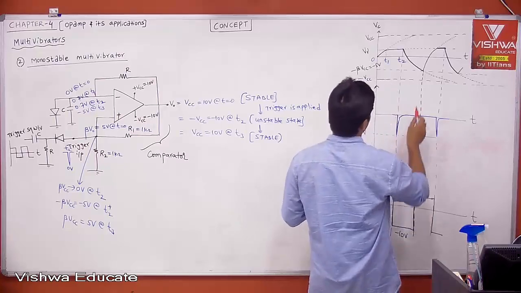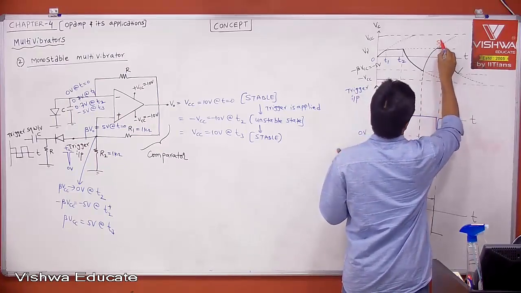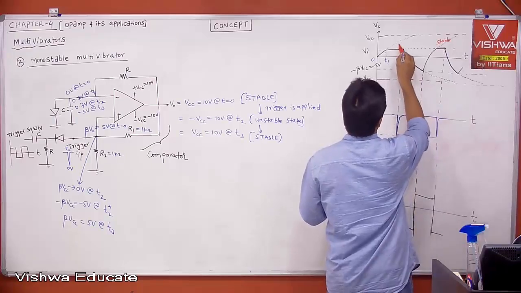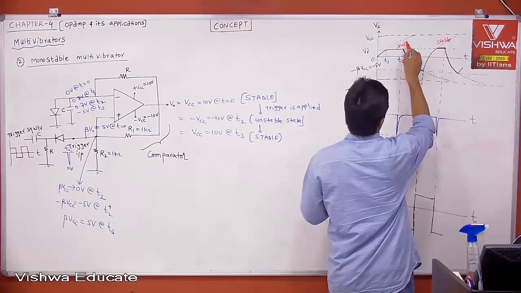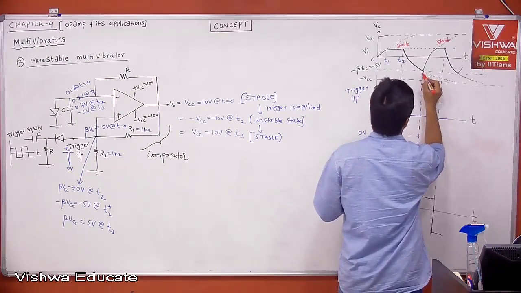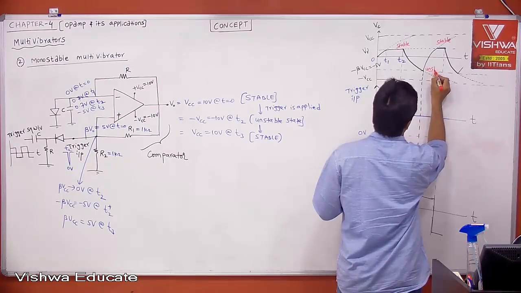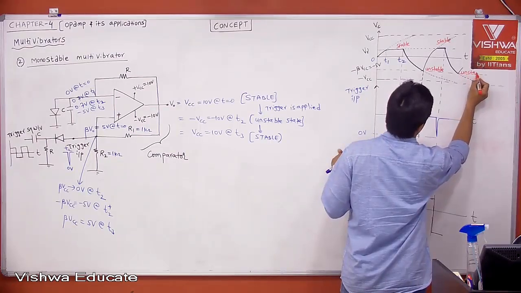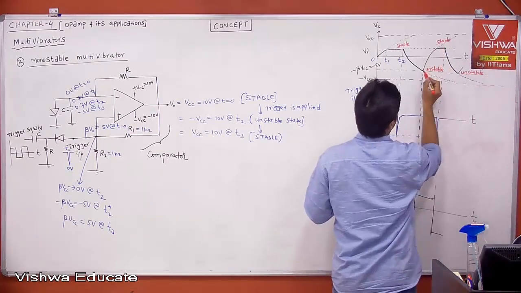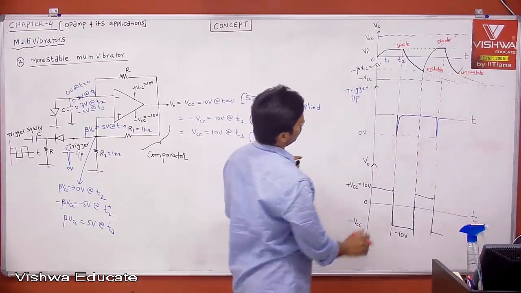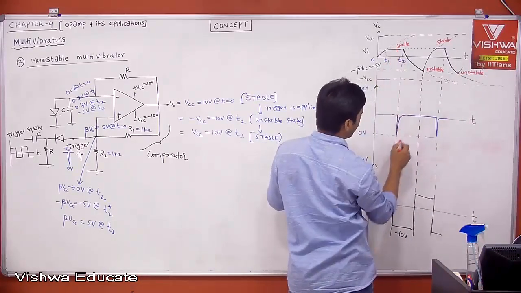Therefore this is our stable state. This is stable, then trigger is applied. Again this is stable, trigger is applied whenever it is stable, but this is unstable. This point is unstable and this is also unstable. That's why it is triggered and then going back. Therefore these points are unstable points. That's why in stable state, trigger is applied.